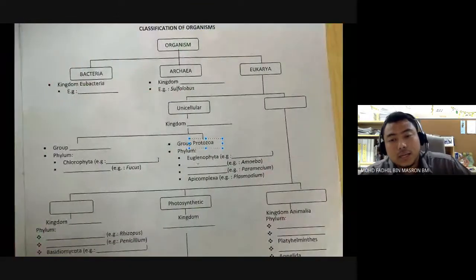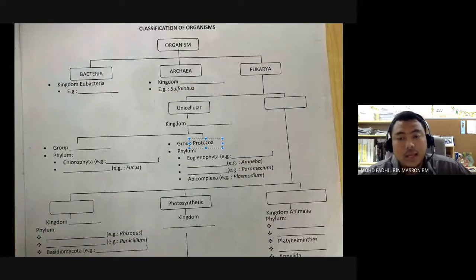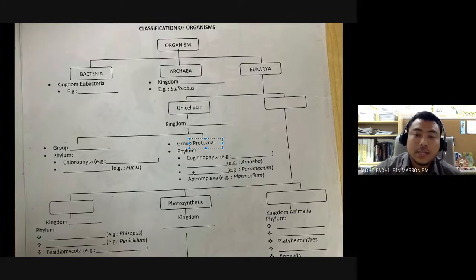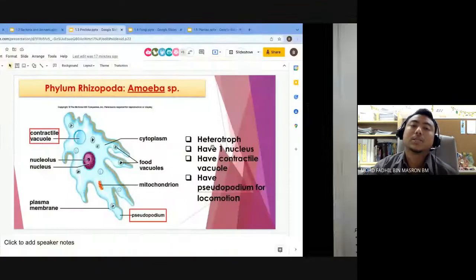So, ada juga lagi phylum lain, Euglenophyta, phylum Coleophora and phylum Epicomplexa. Ini korang akan belajar detail masa semester depan, sesi depan. So, untuk sekarang korang faham, kita tengah cakap pasal amoeba. Amoeba ni dia di bawah grup protozoa of kingdom Protista.